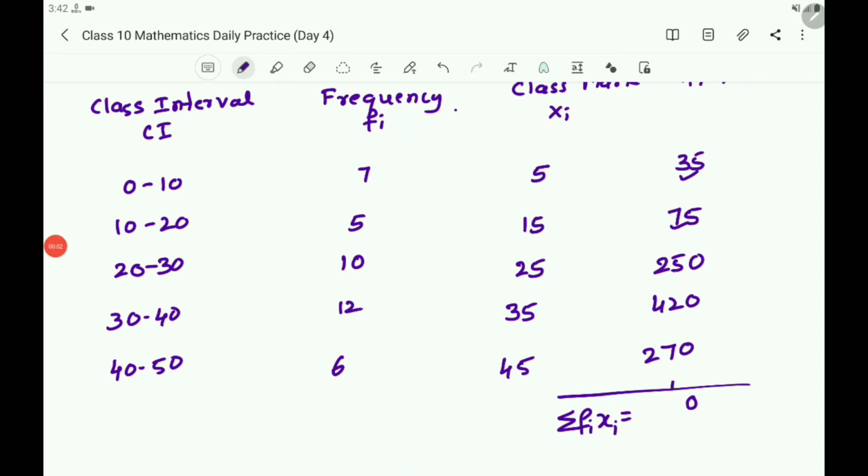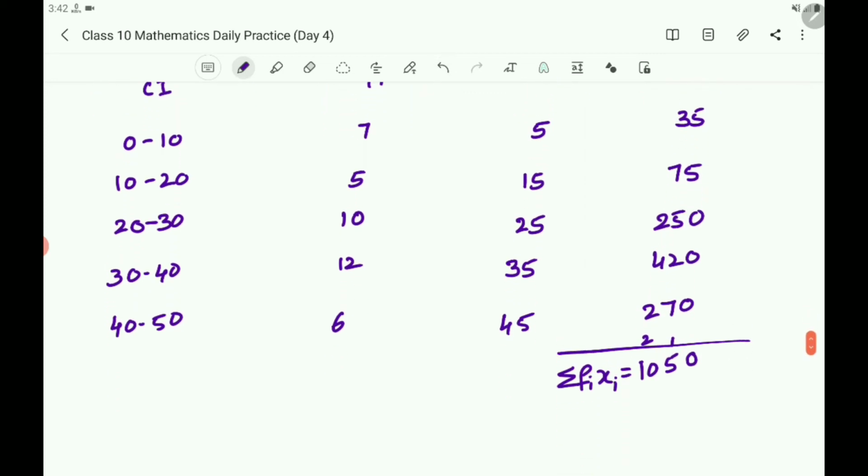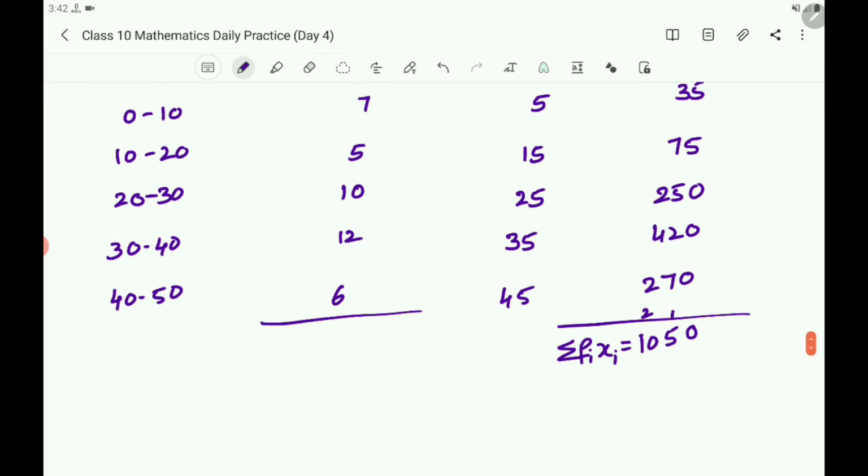Then 3 plus 7, 10. 10 plus 5, 15. 15 plus 2, 17. 17 plus 7, 24. 24 plus 1, 25. 25 you write. 2 carry 2 plus 2, 4, 4 plus 4, 8, 8 plus 2, 10. You got 1050.